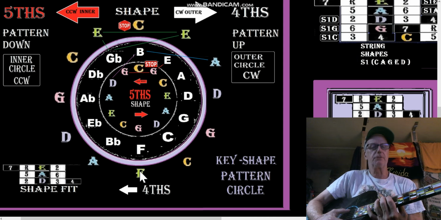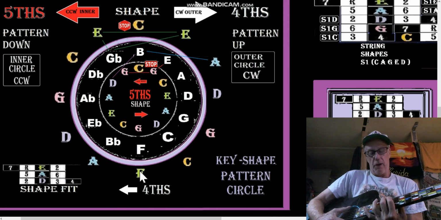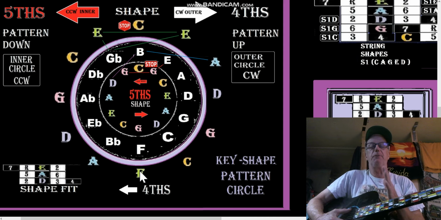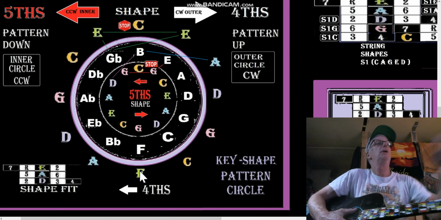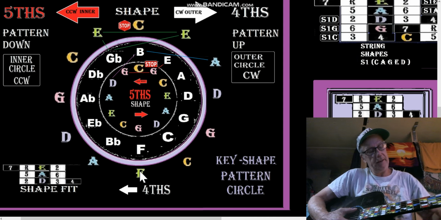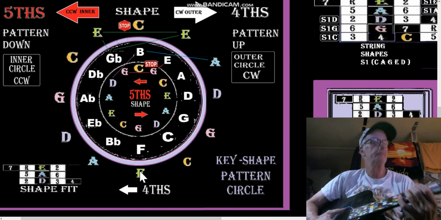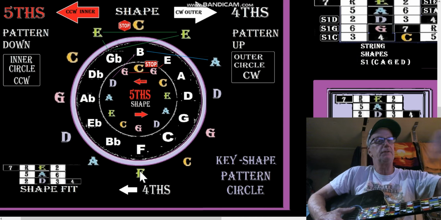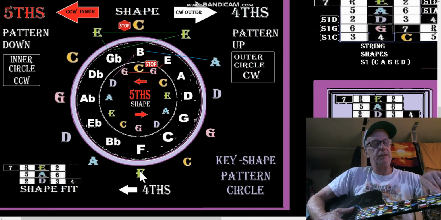So that's the E string shape, like that. If we're going to just play a diatonic scale on that E shape, we're going to start on the 7th. So in the key of F, it would be, it's not convenient to go to the key of C at this time.